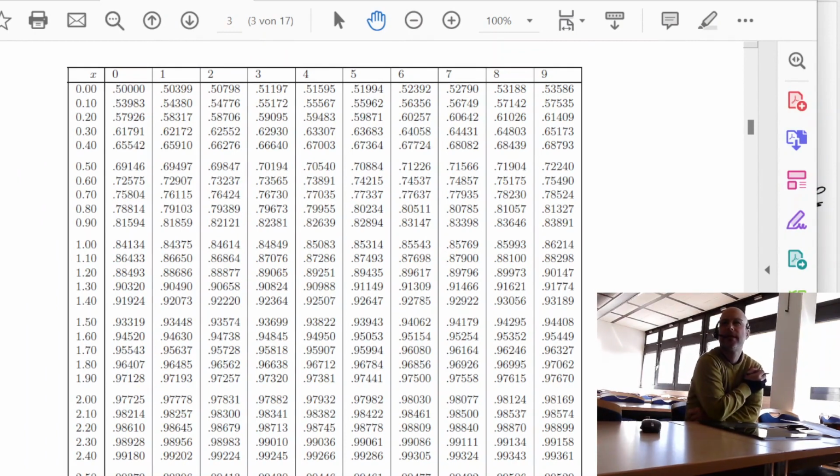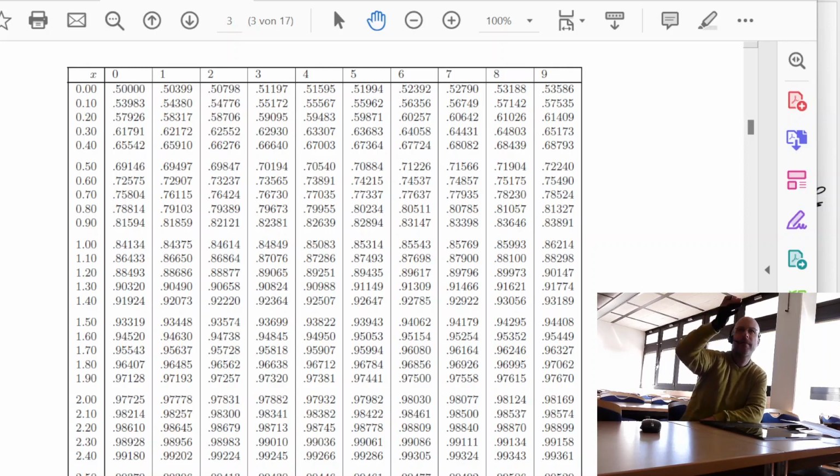Which number do we have to look for? Our confidence level is 95%.